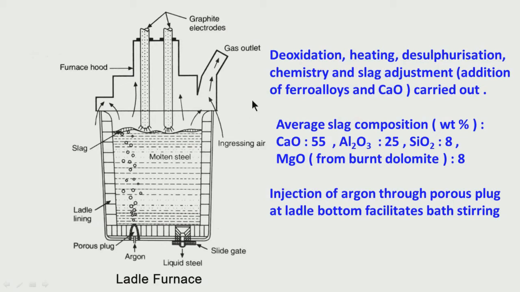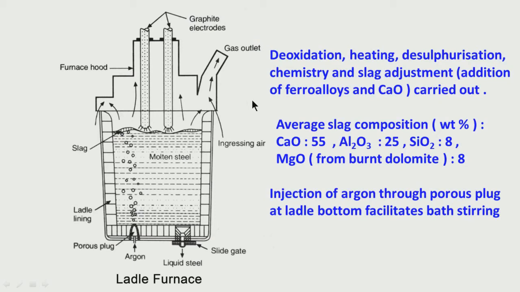Why are additions necessary? Because you have to form a good basic slag in the ladle. How do you form it? You have to add some calcium oxide, maybe some small amount of calcium fluoride if necessary. So, for slag formation some addition is necessary. For getting the desired chemistry, some addition of ferroalloys may be necessary.